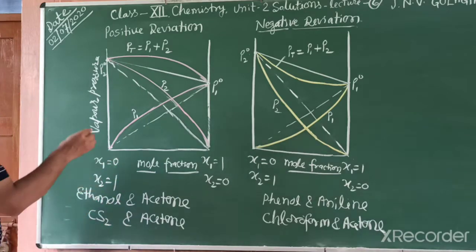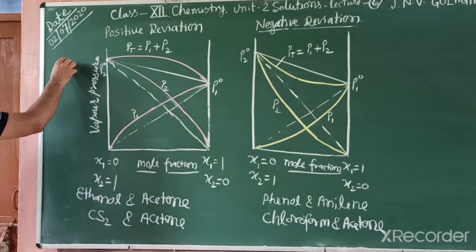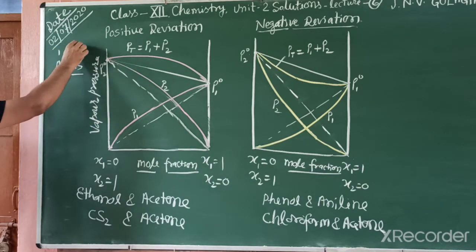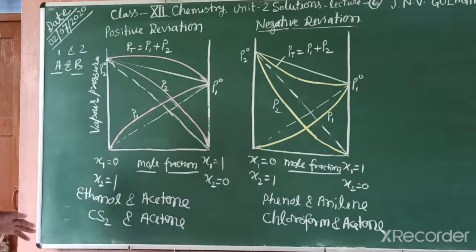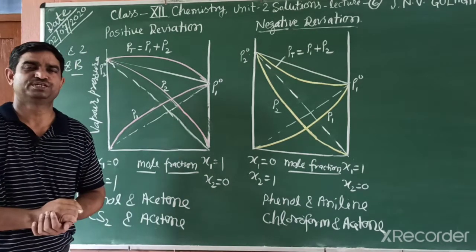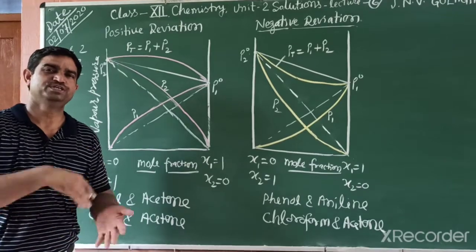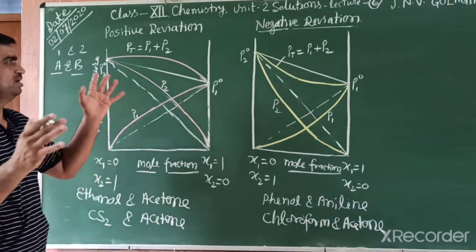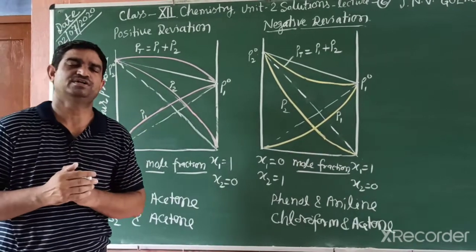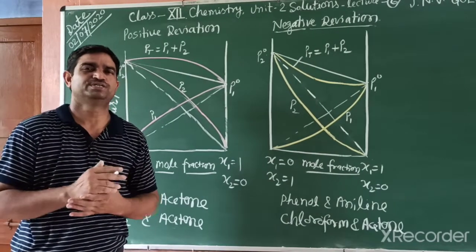When we mix two components A and B, meaning solvent and solute, or 1 and 2, either the enthalpy of mixing or the volume of mixing may increase or decrease. So how can we remember which deviation occurs?